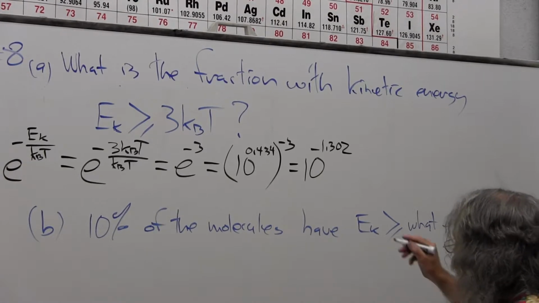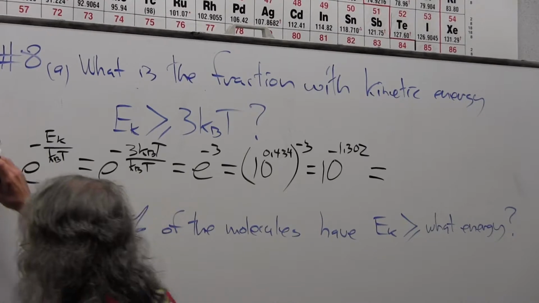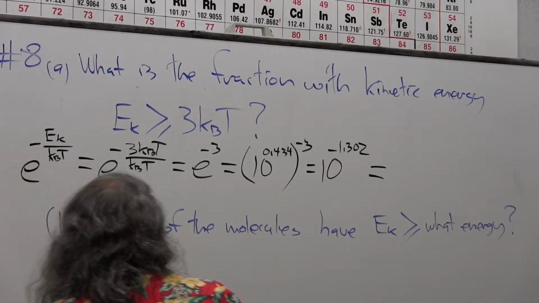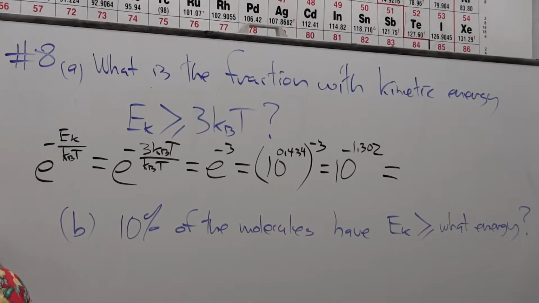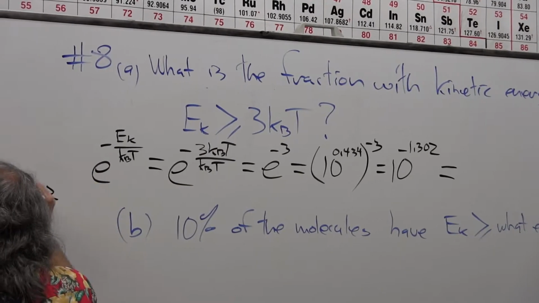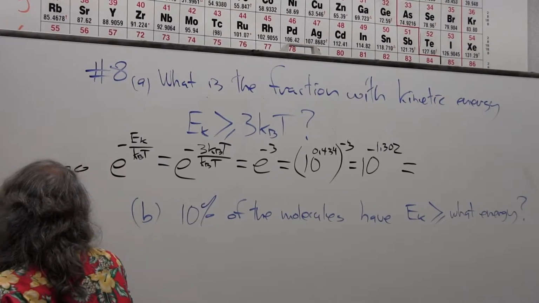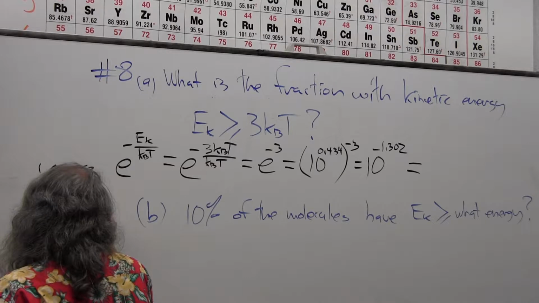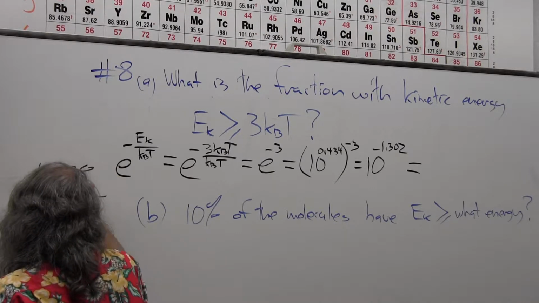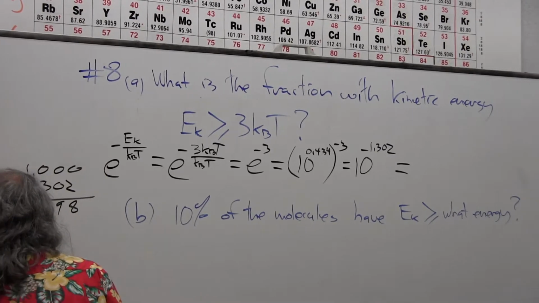So this is the simple technique we already know. 1.302, I'm going to take the 0.302, and subtract from 1.000, and that's an 8, this is a 9, this is a 698.